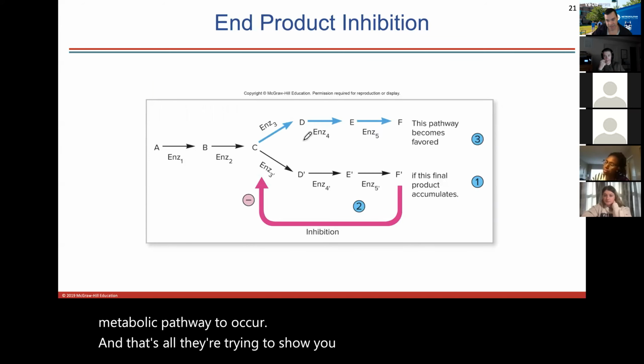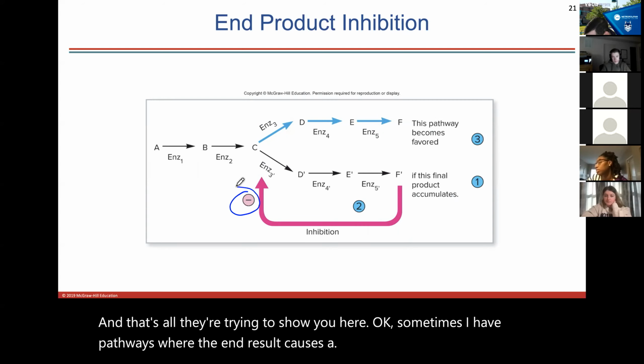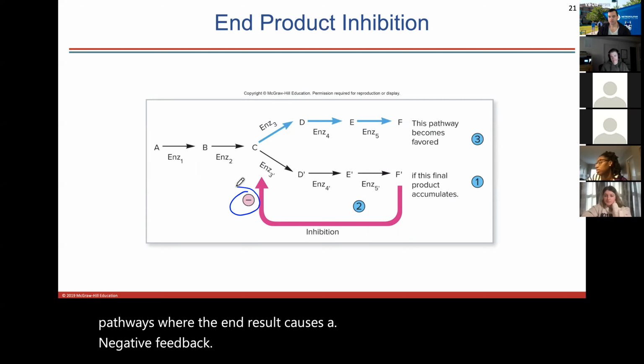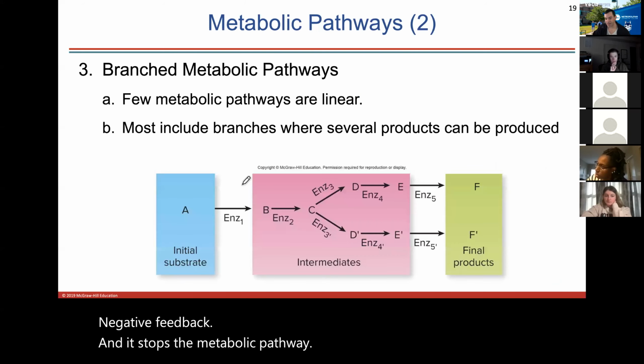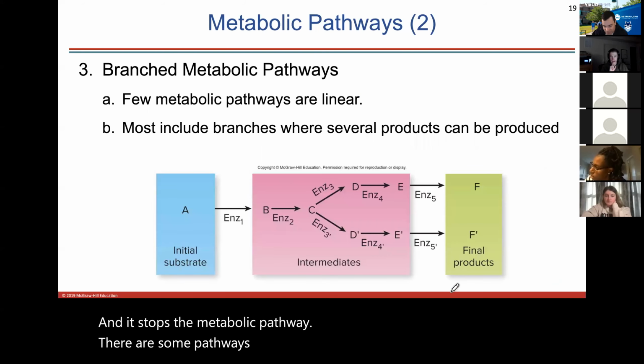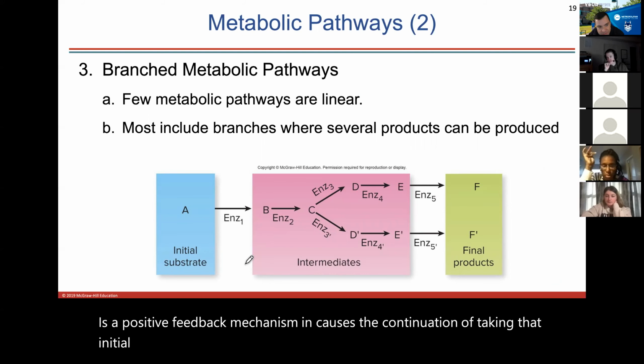Sometimes I have pathways where the end result causes a negative feedback and it stops the metabolic pathway. There are some pathways where the final product is a positive feedback mechanism and causes the continuation of taking that initial substrate through the process.